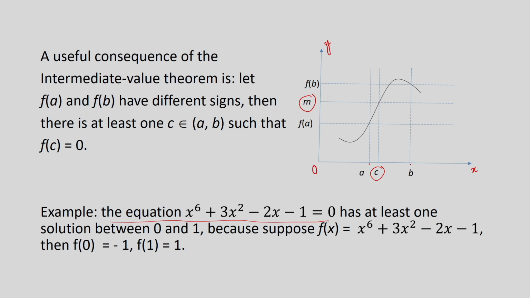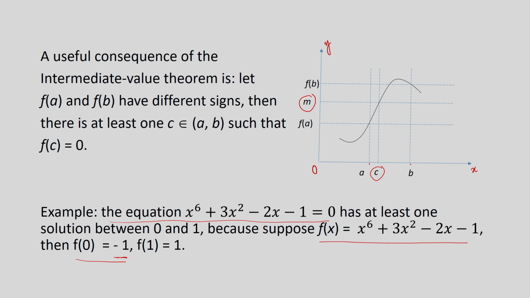Now, we can show that there is at least one x which satisfies this equation by looking at f(0). If you take x equal to 0, where f(x) is given by this function x to the power 6 plus 3x square minus 2x minus 1, then f(0) turns out to be minus 1.